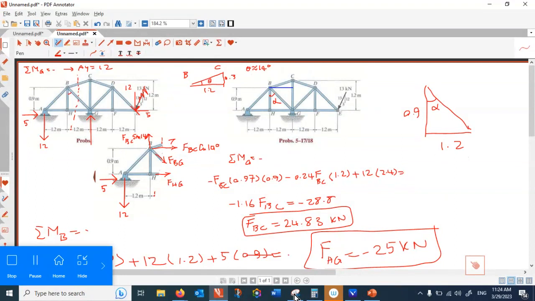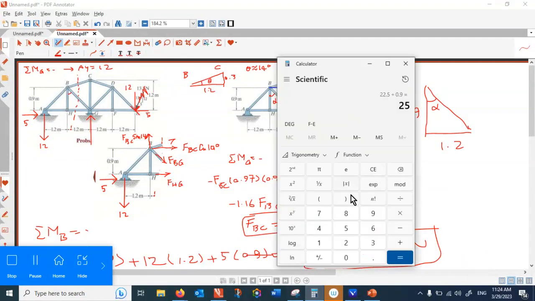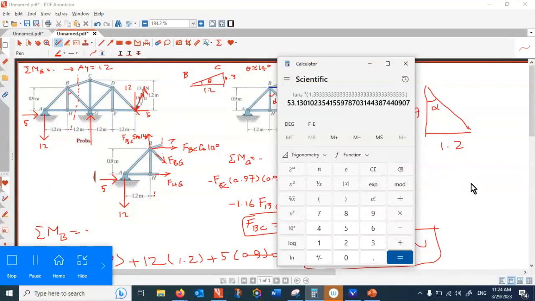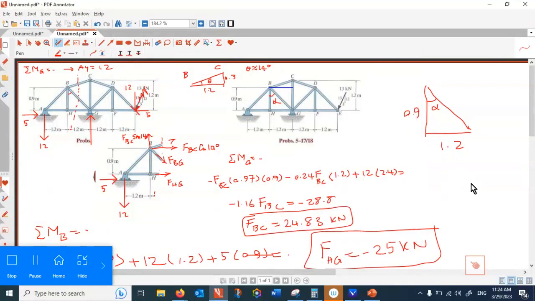So 1.2 divided by 0.9. The inverse tangent of that is 53 degrees. Alpha is 53 degrees. Okay, now we know that angle.